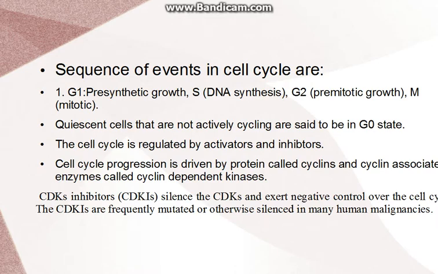Now what are the inhibitors? The cyclin dependent kinases have their own inhibitors. They silence these enzymes and have a negative role over the cell cycle. Both cyclin dependent kinases and CDK inhibitors can be mutated in certain human malignancies.